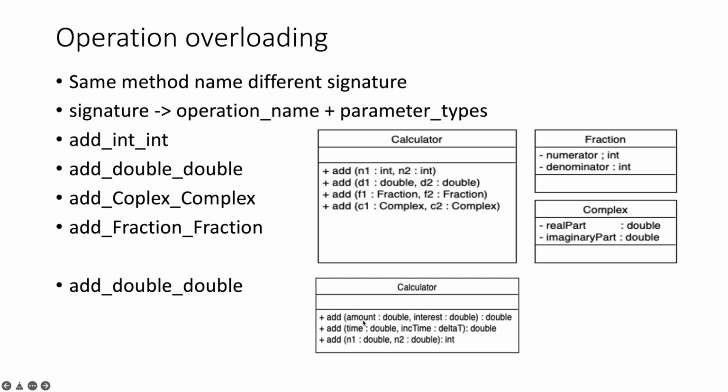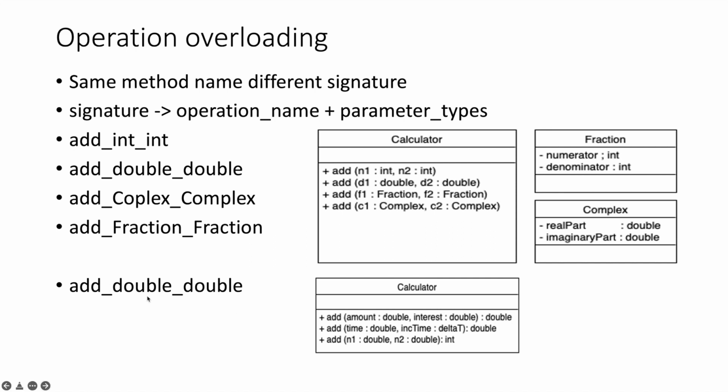The first one is, say, add amount double. Amount and interest, these two are the parameter names, and double is the type of the parameter. Similarly, the return type is double, but the return type is never considered part of the operation signature, so we ignore it.